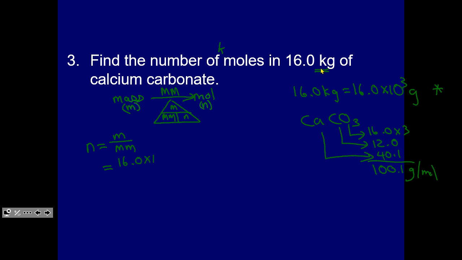16.0 times 10 to the 3 grams divided by the molar mass, 100.1 grams per mole. Again, if I had left the kilo, my answer in the end would be kilomoles.